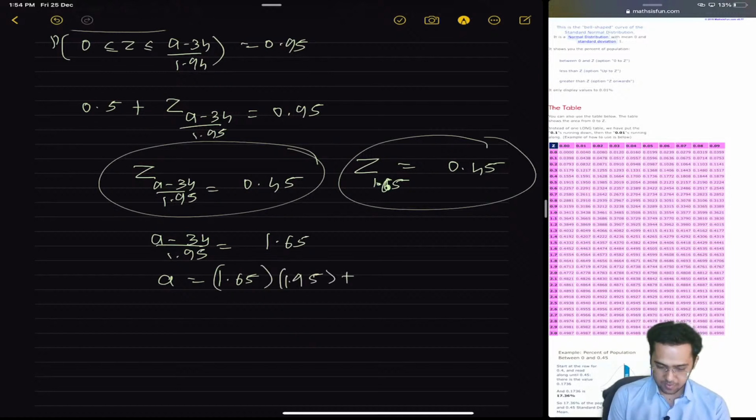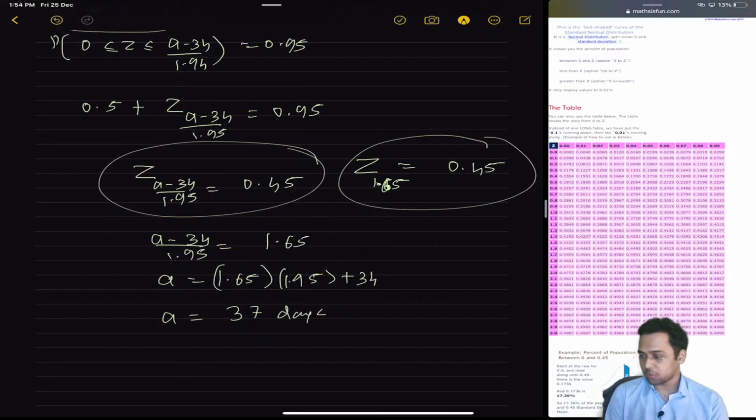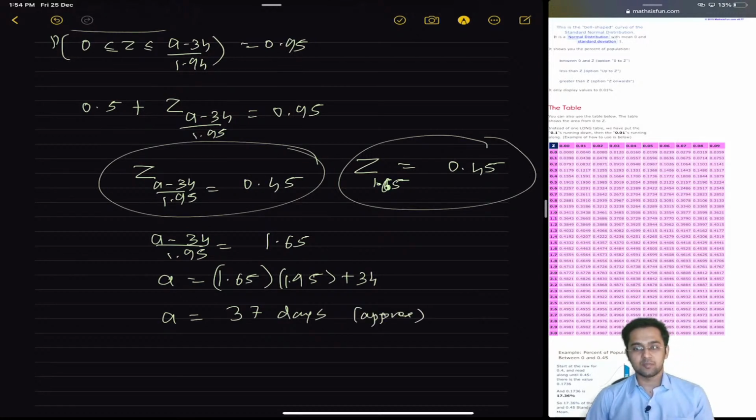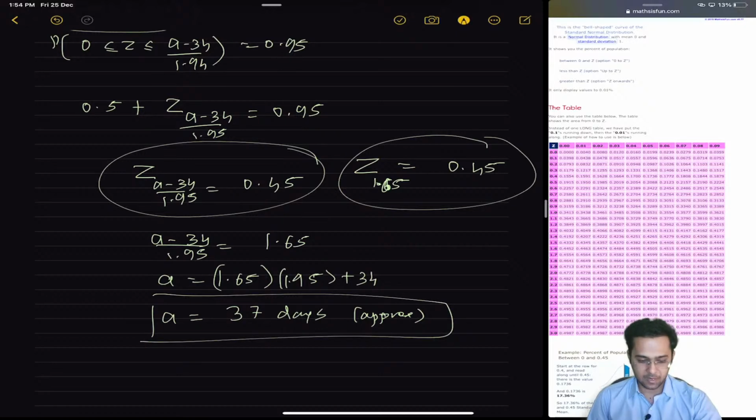So a should be approximately 37 days. When you simplify it, you will get the answer as approximately 37 days. That within 37 days when you want to complete the project, the probability comes out to be 95%.